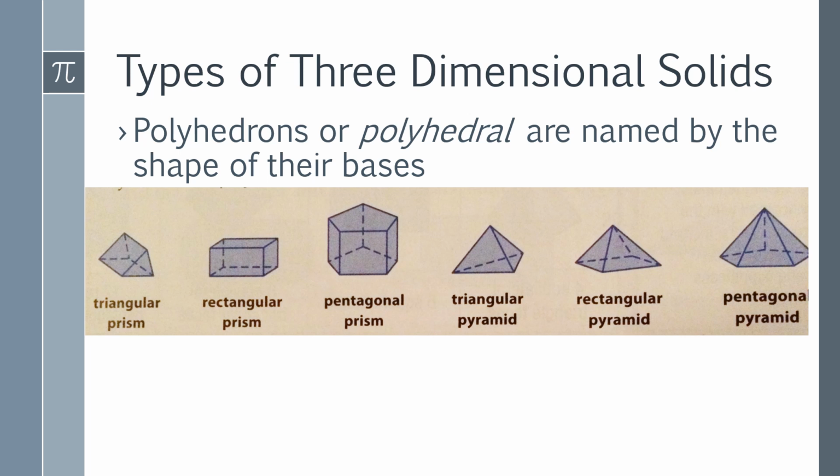All right, so in addition, within polyhedrons, or polyhedra if they're plural, we name them by the shape of their bases. If the sides of the polyhedron are parallelograms, as we see here for these three, those are known as prisms.